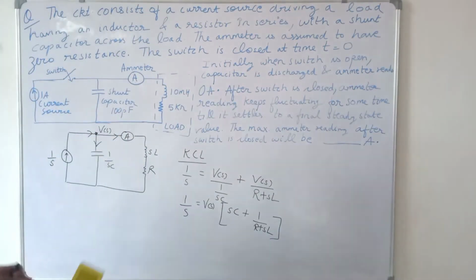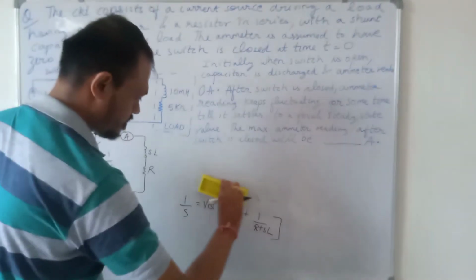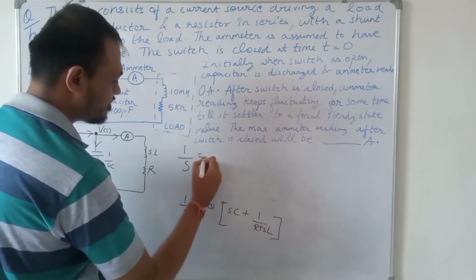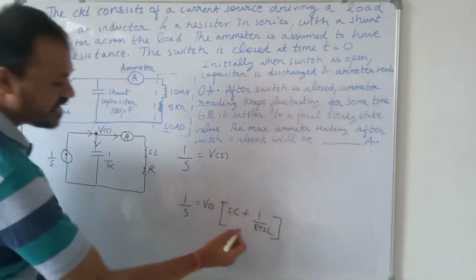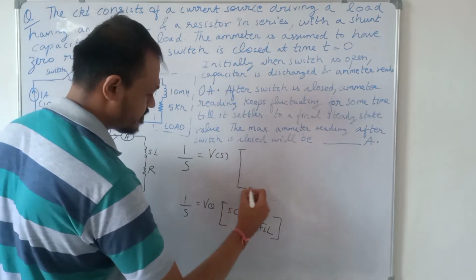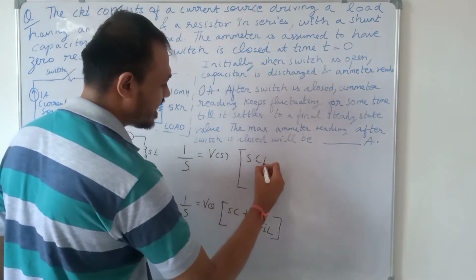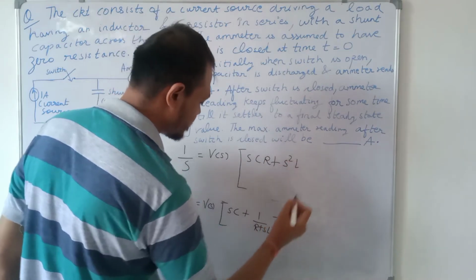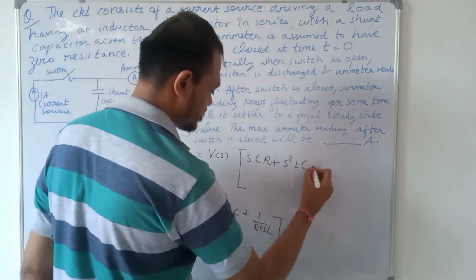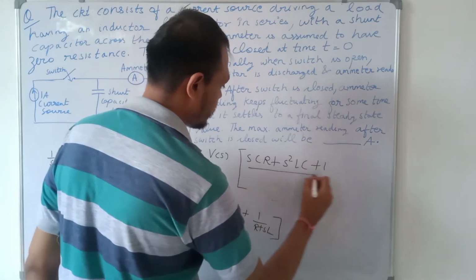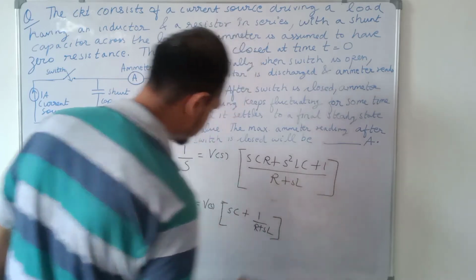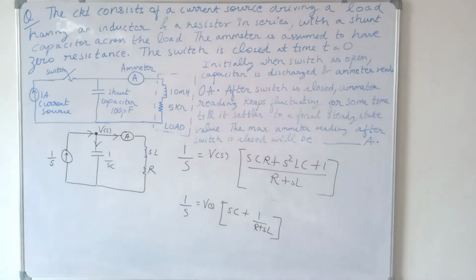So we can write it as 1 upon S is equal to V of S, taking the LCM, SCR plus S square LC plus 1 upon R plus SL. This is by taking the LCM.